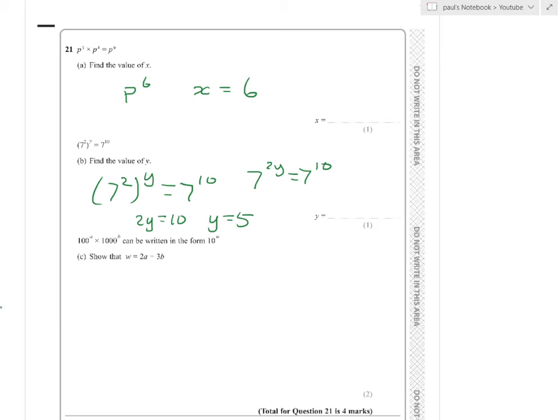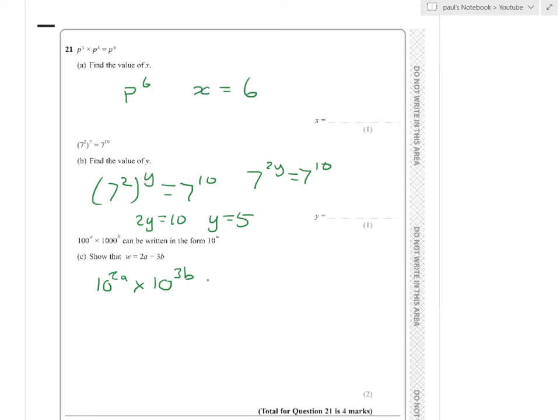So should we write everything in powers of 10? So that might be 10 to the 2a times 10 to the 3b. W equals 2a plus 3b.